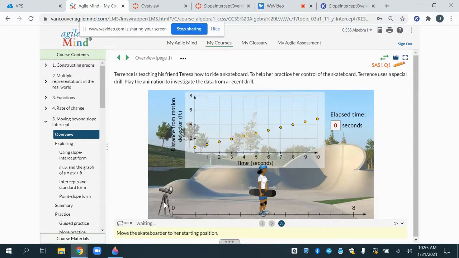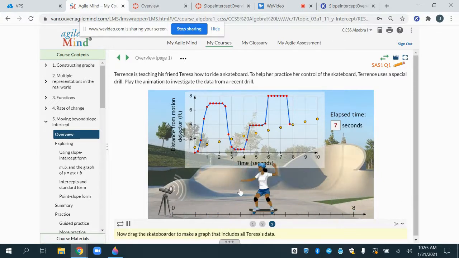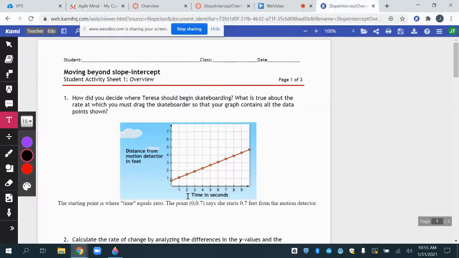This thing over here on the left side is the motion detector. It keeps track of how close to it she is. Now she's far away from it. Now she's close to it. Now she's about halfway. Now she's far away again. You can see the blue line moves to show how far away from this she is. And that's what we're talking about. So how far away is she? She starts out pretty close and she gets further and further away.